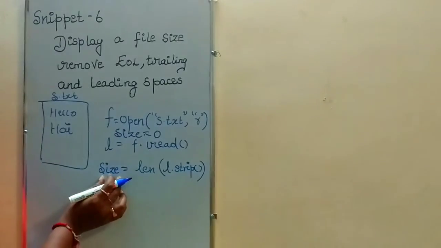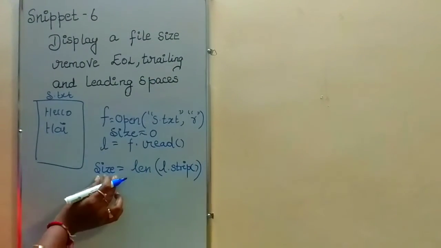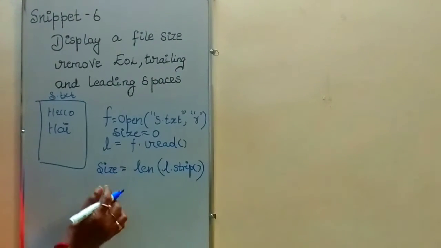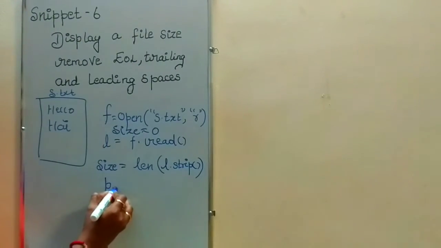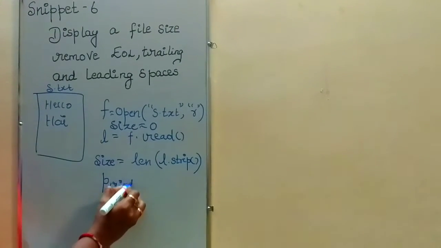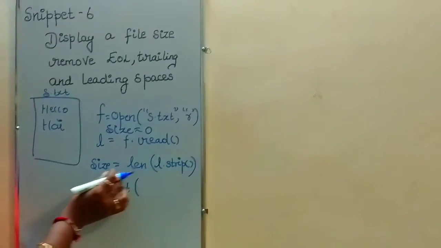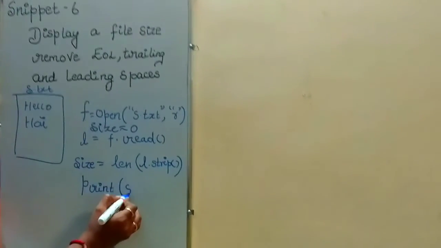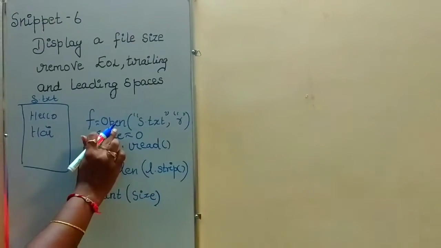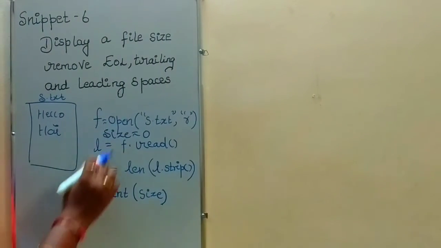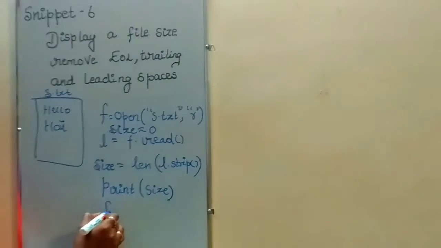Next, we know the file size. Now it is in the variable size. So to display that, we have a print statement. The length of the file will be in the variable size. You have used an open method, so it is necessary to close that file.